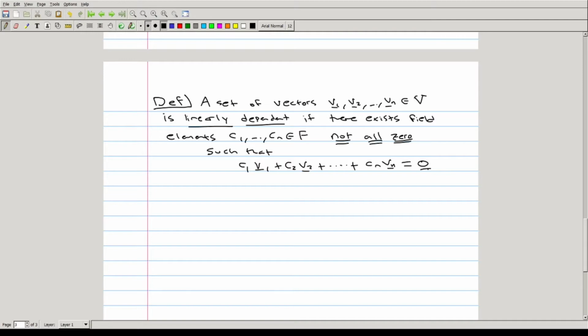In other words, we say that this set of vectors is linearly dependent if any one of the vectors in this linear combination of not all 0 values can be written as a linear combination of the other vectors, right?